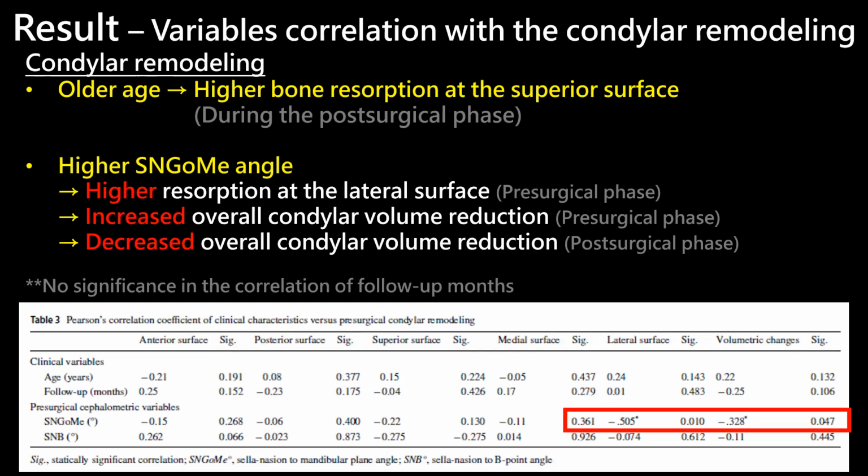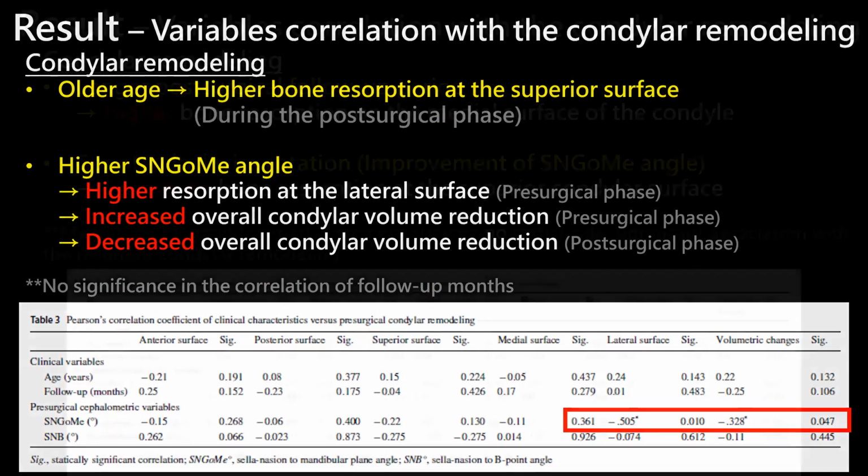And if we have a higher SMJO angle, there will be higher reabsorption at the lateral surface in the presurgical phase, and also increased overall condyle volume reduction in the presurgical phase. However, with a higher angle in the postsurgical phase, there will be decreased overall condyle volume reduction. That is a very interesting result.